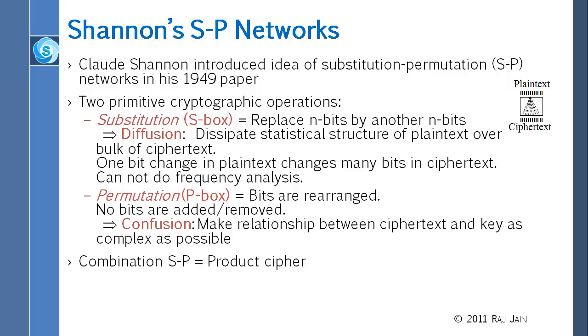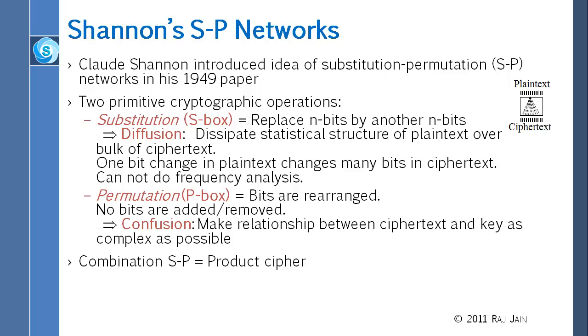So remember this kind of a spread. The bits are spread all over. That is why it's called diffusion. Second thing is confusion, that the relationship should be such that you cannot really figure out what the input and output relation is. So the relation should be very complex.